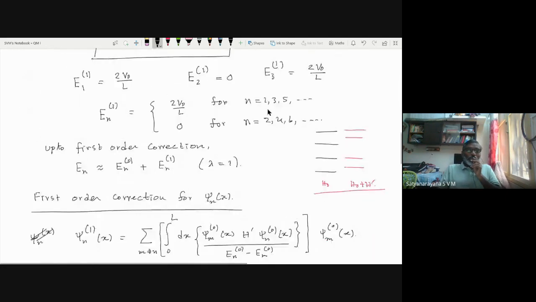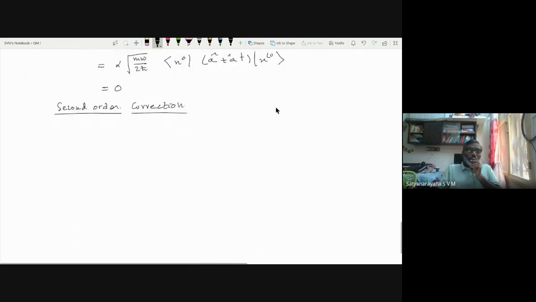For that, you have to calculate. You know that the second order correction is given by the sum over m not equal to n, modulus square of m0 H prime n0, divided by En0 minus Em0.